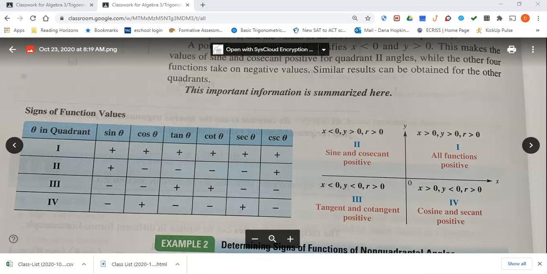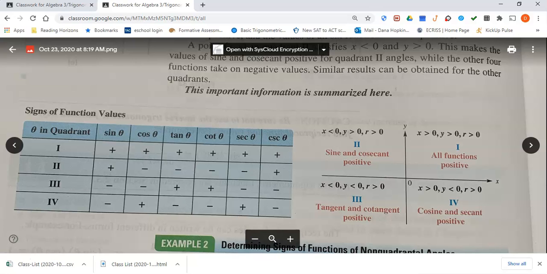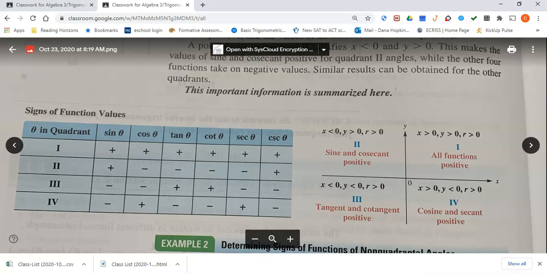And I'm looking up, first, I'm going to look for the secant where that's negative. So let's take a look at that one. Here's secant. Here's negative. That would be quadrants 2 and 3. And now I'm going to look for where the cosecant is negative. Here's cosecant.